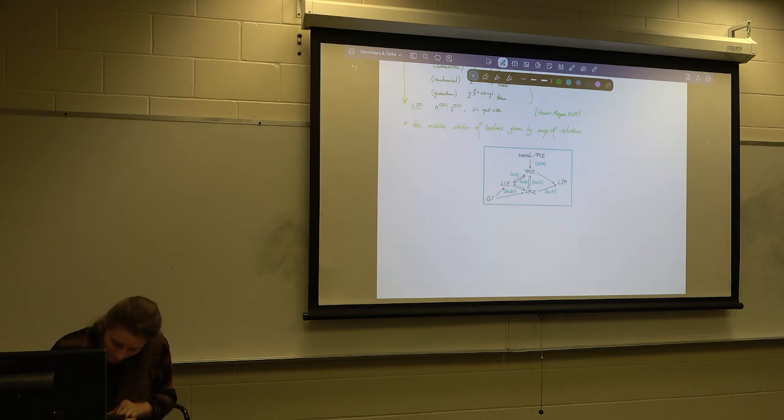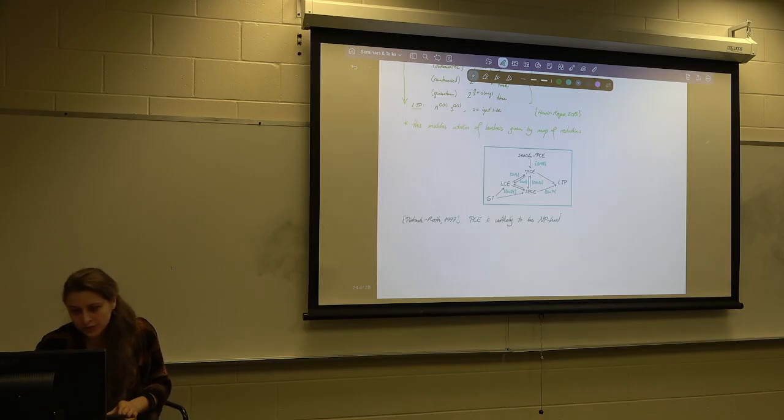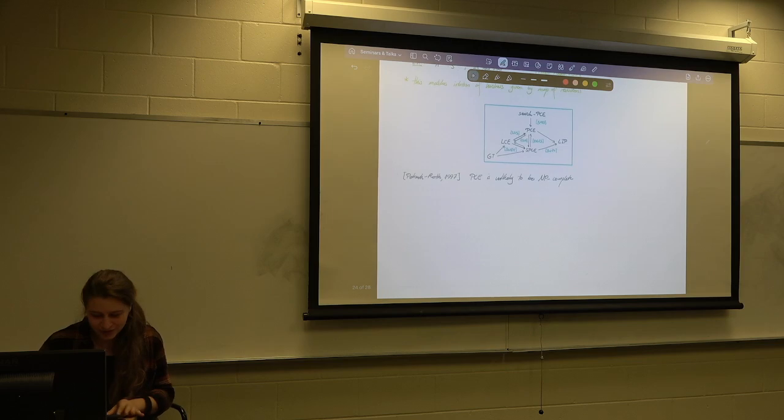So there was a work by Petrank and Roth in 97, and this showed that the code equivalence, but in particular they showed it for PCE, is unlikely to be NP-hard. NP-hard to NP-complete, actually. So let's take this apart and I'll tell you what this means.